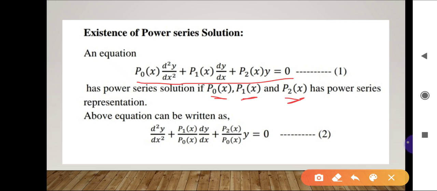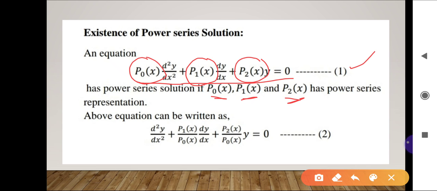That means the coefficient of d square y by dx square, coefficient of dy by dx, that is p1 of x, and coefficient of y, that is p2 of x. So these are functions of x. So if these functions of x have a power series representation, then we say that this equation 1 has power series solution.